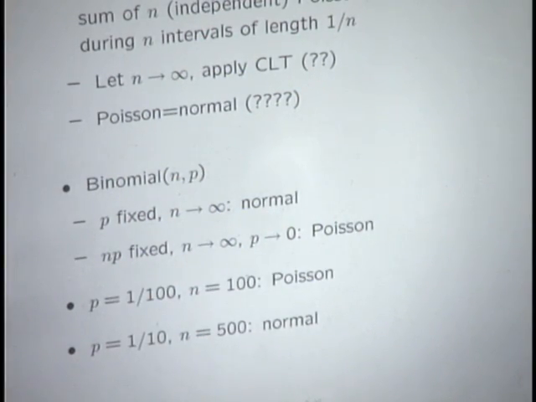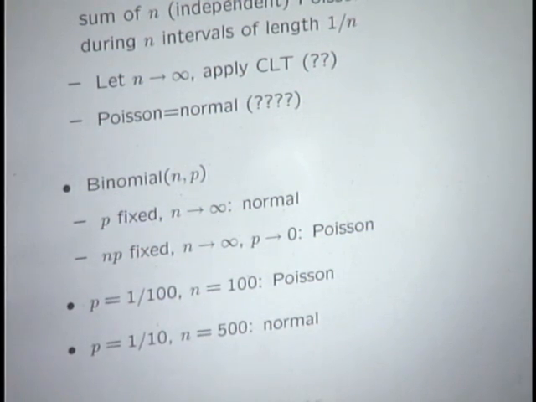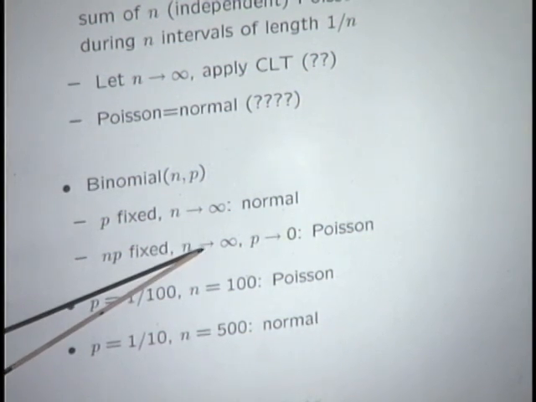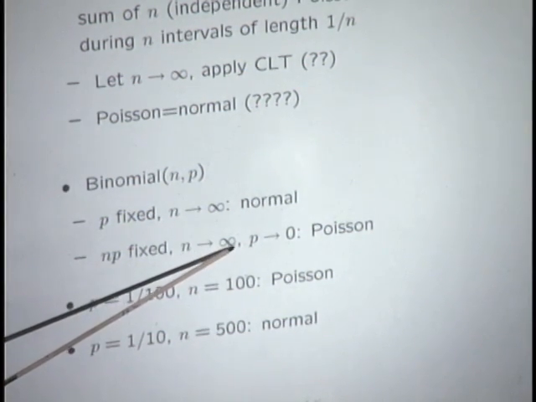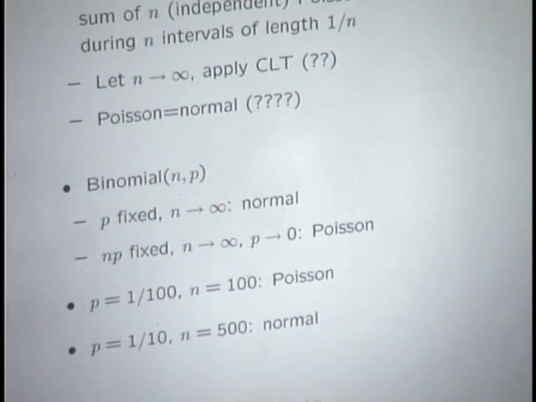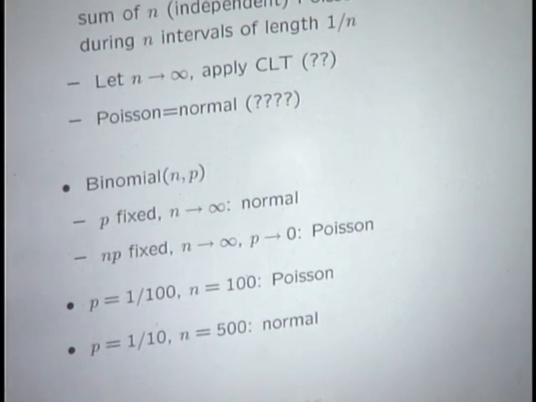There's another sort of limit which has the flavor of this example, in which we still deal with a binomial, a sum of n Bernoullis. We let the number of Bernoullis go to infinity, but each Bernoulli has a probability of success that goes to 0, and we do this in a way so that np, the expected number of successes, stays finite. This is the situation that we dealt with when we first defined our Poisson process.